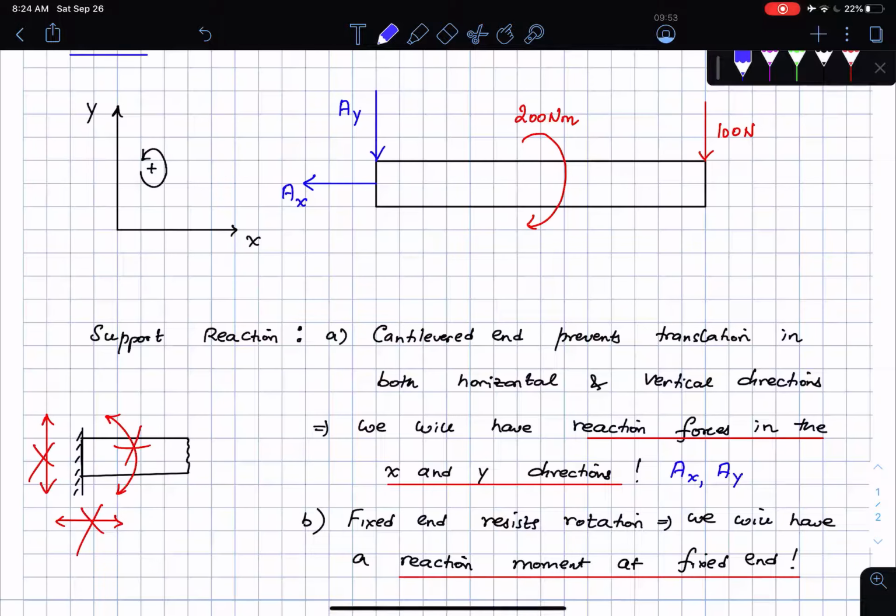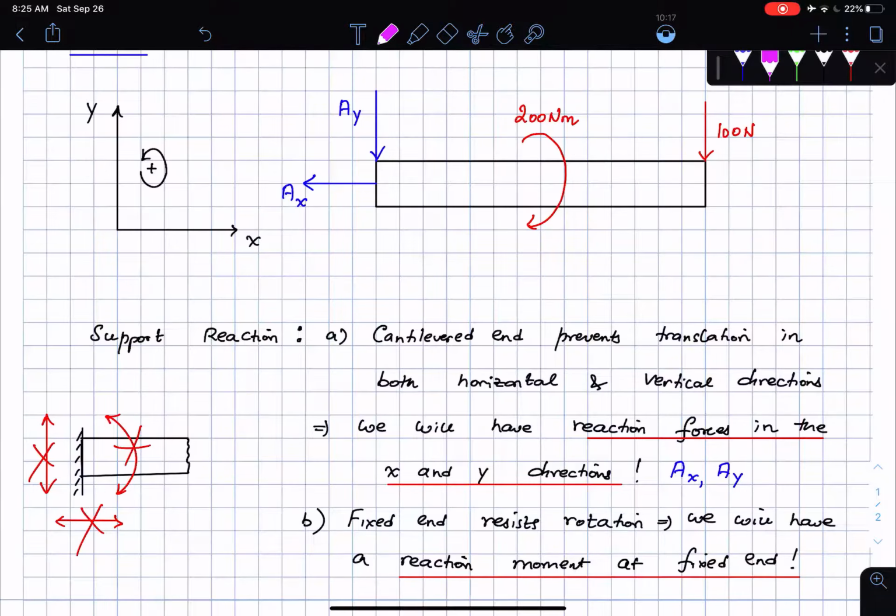You can choose arbitrary directions, up or down. It does not matter. Don't look at what's happening in terms of the applied forces. Look at only what's happening on the fixed end. I'm just going to mark this force down and let the equations take care of it eventually. And then I'm going to have a reaction moment here as well.